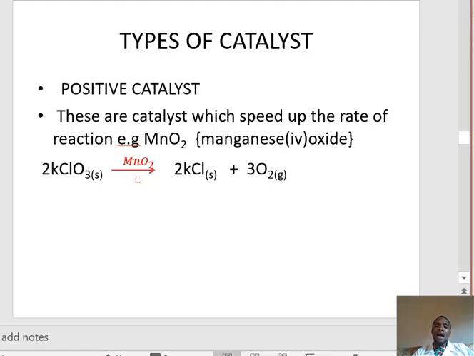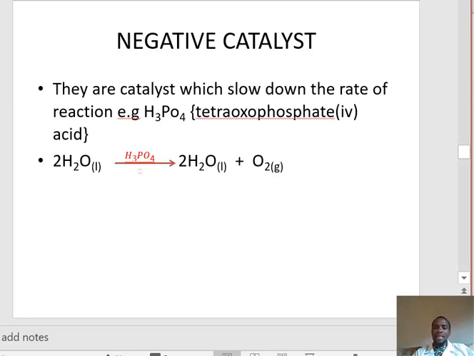Now another type is the negative catalyst. These are catalysts that slow down the rate of reaction. They reduce the rate of reaction. An example is tetraoxophosphate(V) acid. This catalyst can reduce the decomposition of hydrogen peroxide.